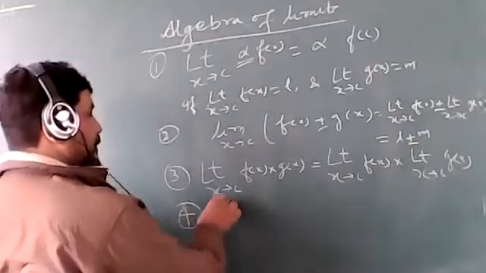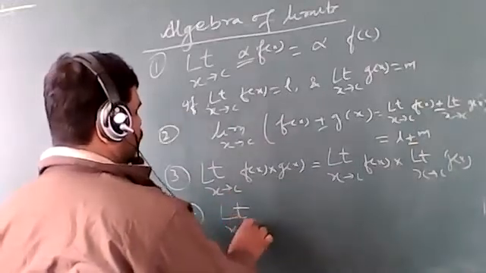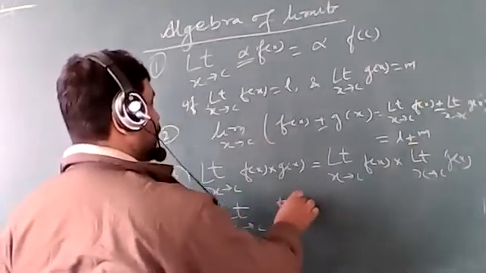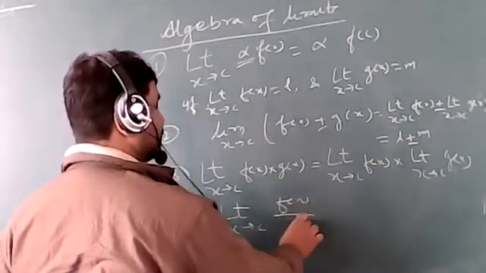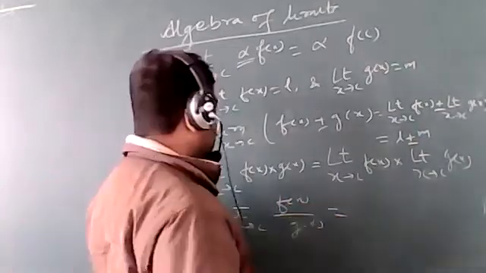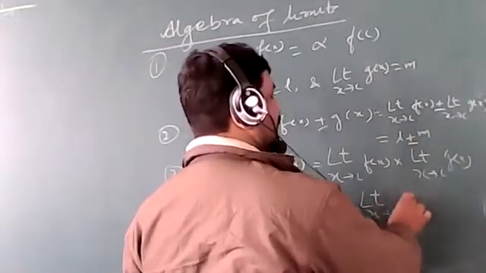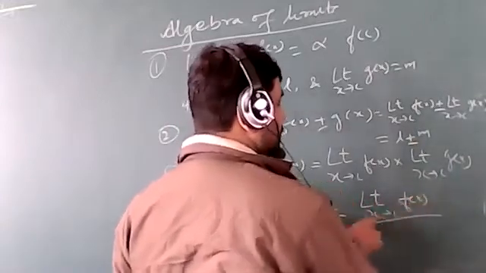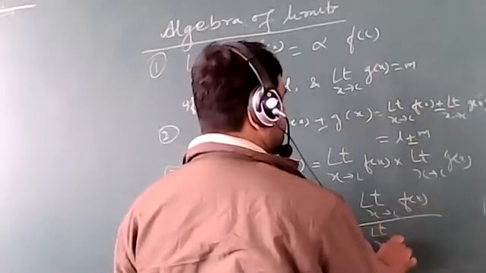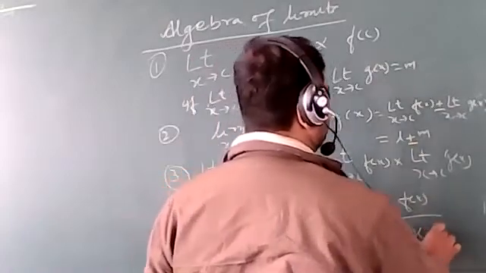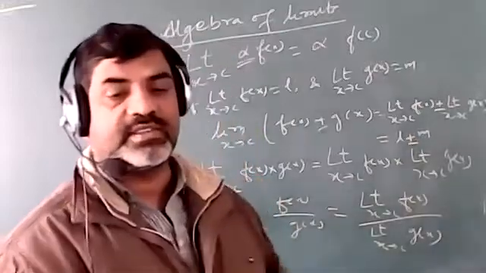Similarly, limit x tending to c of f(x) upon g(x) will be nothing but limit x tending to c f(x), the numerator, upon limit x tending to c g(x). So these are some of the important results.